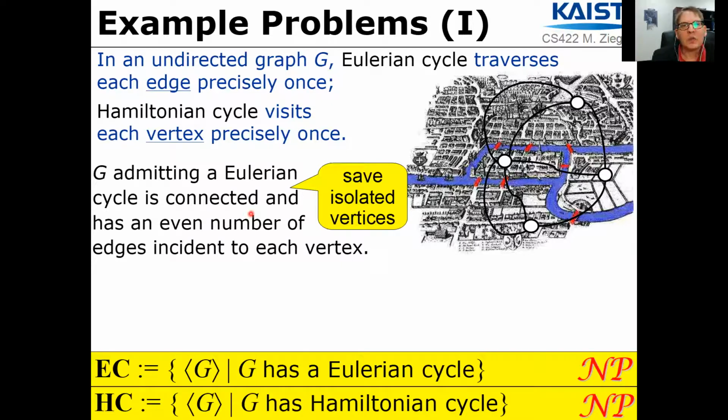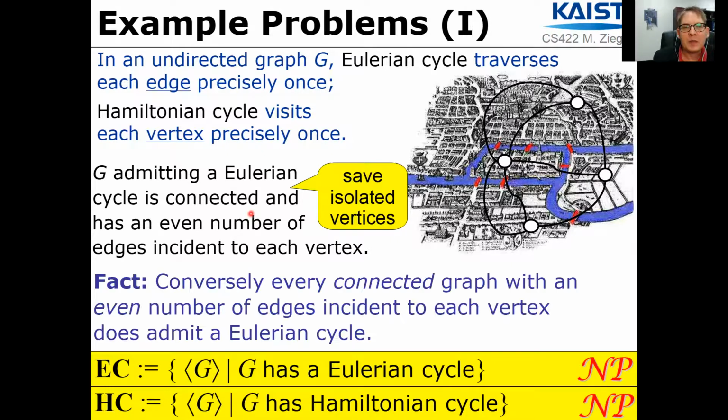I'm not going to prove that because that's a subject of combinatorics, but based on this fact, we have arrived at a combinatorial characterization of a graph having a Eulerian cycle, and a characterization which is algorithmically much easier to verify than the original definition, the naive approach of checking whether a graph has a Eulerian cycle.